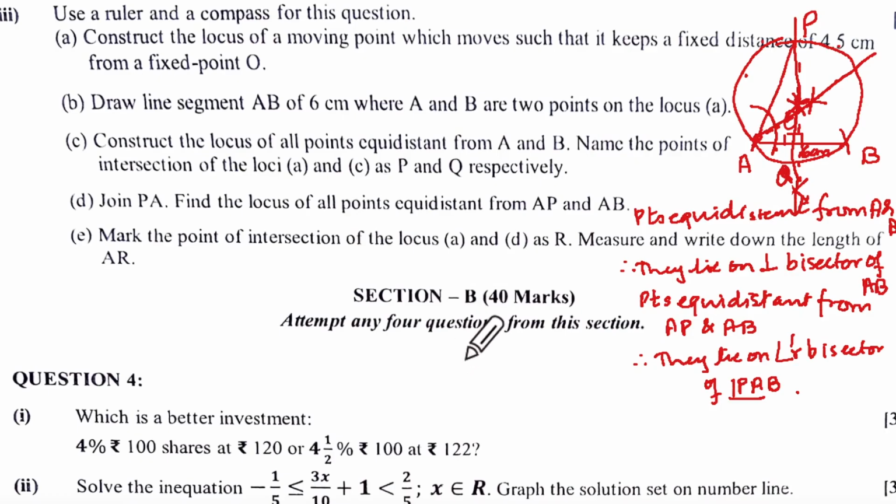Mark the point of intersection of the locus A and D as R. A means the circumference, D means the angular bisector, so this becomes my R. Measure and write down the length of AR, so you will write AR equal to 5.2 centimeters. Okay, how much did you get? 5.2. So you all will draw this and check.